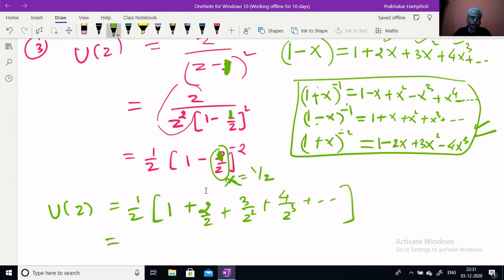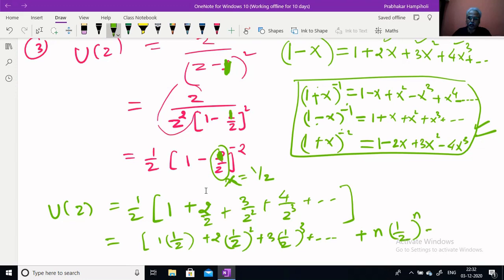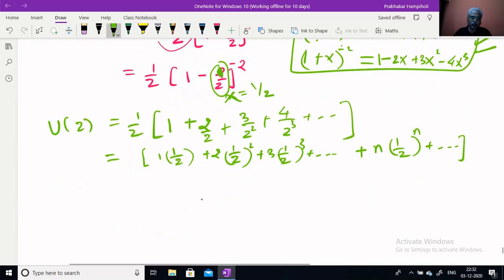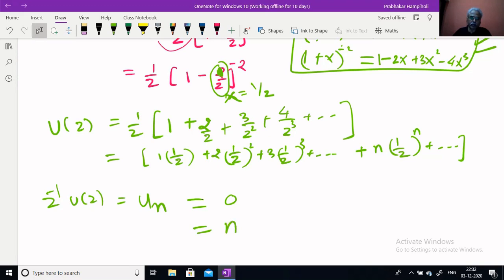If I multiply by 1 by z inside, I am going to have 1 into 1 by z plus 2 into 1 by z square plus 3 into 1 by z cube and so on. First term, second term, third term, nth term will be n into 1 by z raised to n. Hence, you can see that if I take inverse z transform, the first term is 0 and in the remaining terms 1, 2, 3, 4 becomes n.